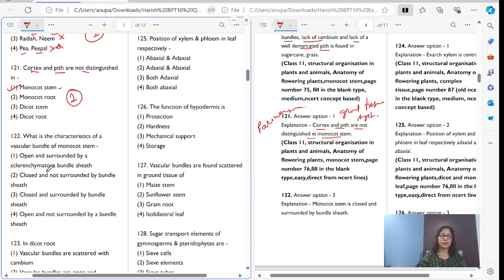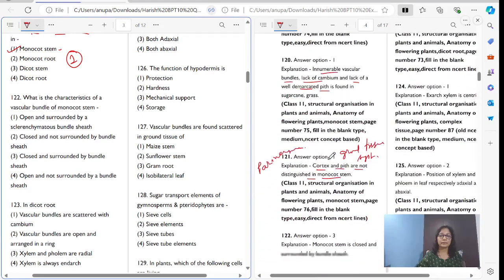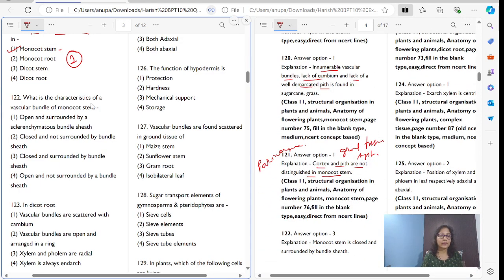The next question is question number 122, and it says what is the characteristic of a vascular bundle of monocot? Means we have to find out the characteristics of vascular bundle of monocot. So the first option is open and surrounded by a sclerenchymatous bundle sheath. This option is not correct because the vascular bundle is not open. Next option is closed and not surrounded by bundle sheath.